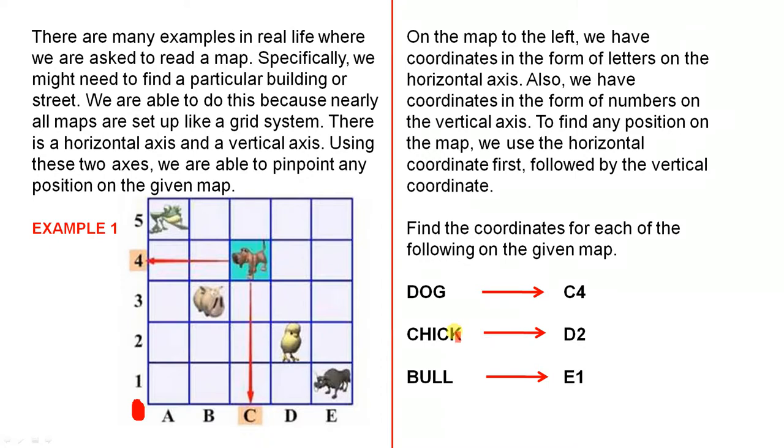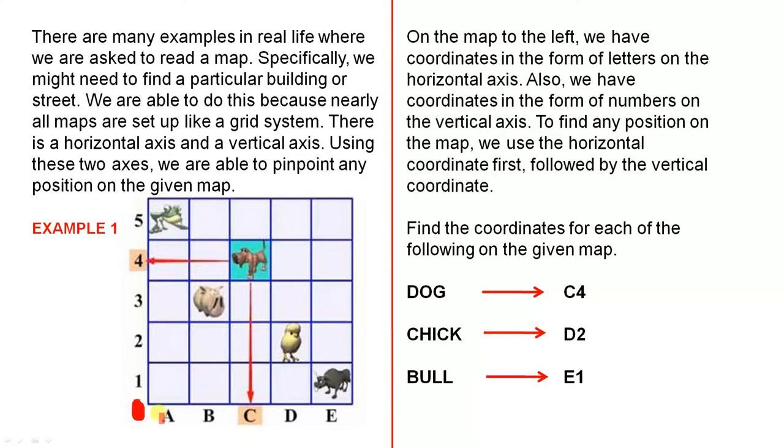Where is the chick? Okay, so there's the chick there. Let's start from the beginning. If we go across to the letter D, that is directly under the chick. Now there's the chick, and look at the number 2, which is directly to the left of the chick. So D2 tells us where the chick is. Here is the bull.